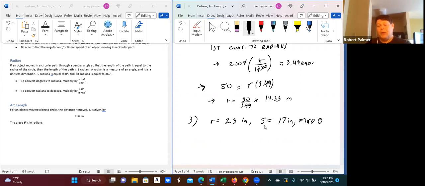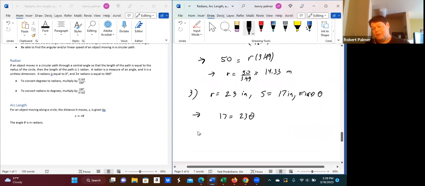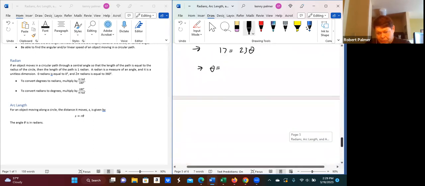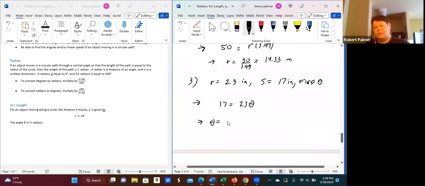All right. So in this case, we have everything we need. S equals R theta. We'll plug everything in. S is 17, equal to R, which is 2.3, times theta. Of course, divide both sides by 2.3, and so this gives theta equal to 17 over 2.3.